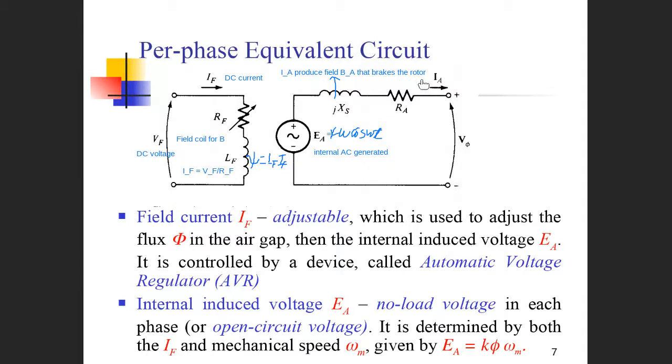To maintain the rotation speed, you have to increase the rotating force. Increasing the rotating force means increasing the torque to maintain the speed. The product of the torque and speed is the power, so you increase the input power. Now, if the terminal current IA is 0, then there's no such breaking, so the input torque is very small.